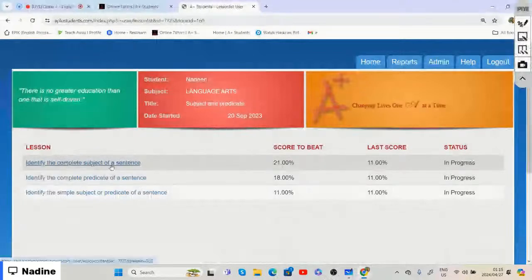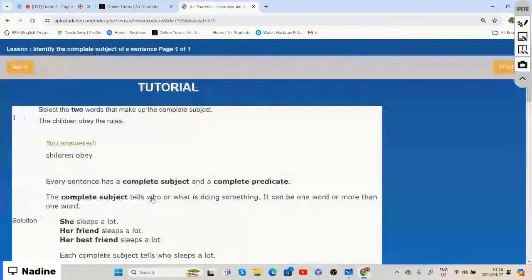All right, so we're identifying the complete subject of a sentence. Once again, we said that every sentence has a complete subject and a complete predicate.